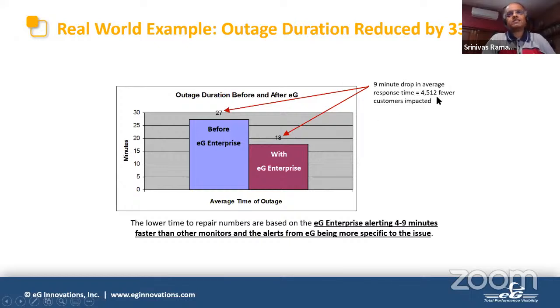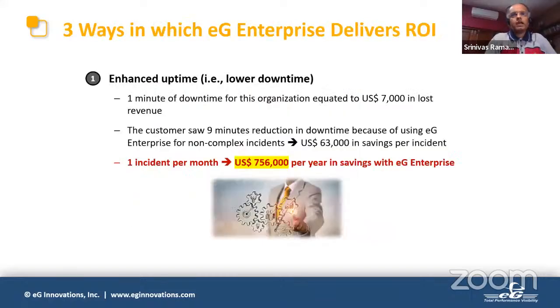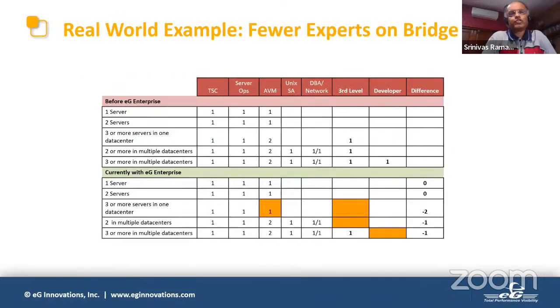So they estimated about 4,500 fewer customers were impacted by a problem because they were able to detect problems faster. Another benefit that the customer saw was in terms of the number of experts that they needed to have on incident calls.